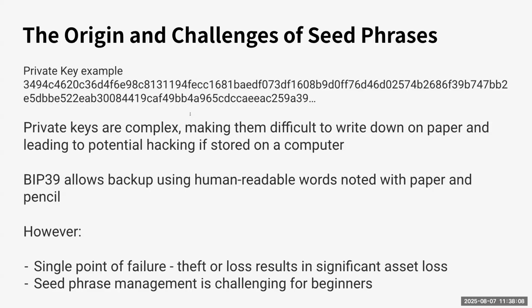If it gets stolen or if you lose it, then it could result in significant asset loss, or identity theft. And seed phrase management is challenging for beginners, right? It's really not for people who don't have any prior experience with blockchain and crypto wallets.